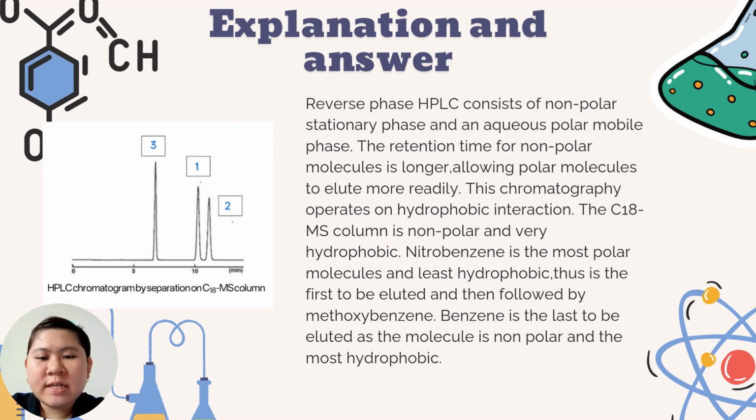Our explanation is that reverse phase HPLC consists of a non-polar stationary phase and an aqueous polar mobile phase. The retention time for non-polar molecules is longer than for polar molecules, which allows more polar molecules to elute more readily and easily. This chromatography operates on hydrophobic interaction.